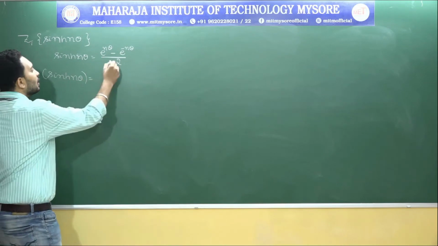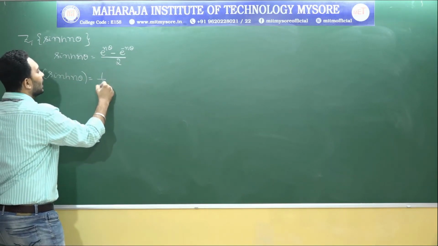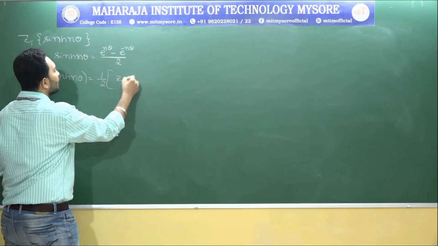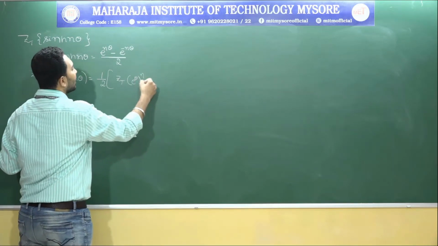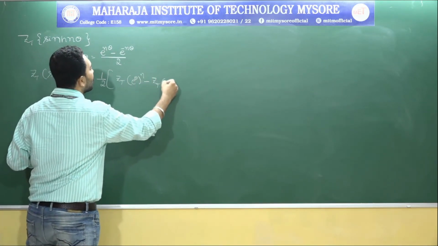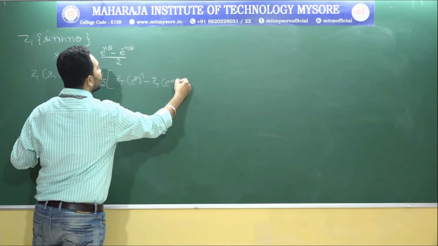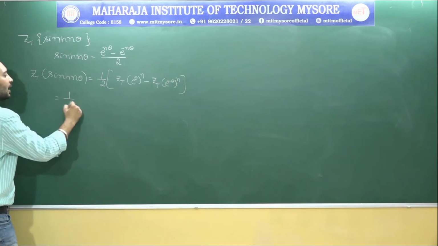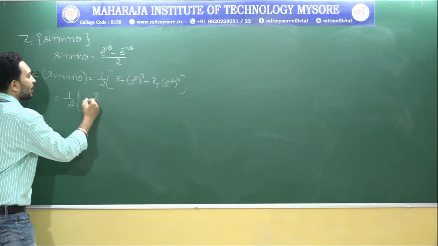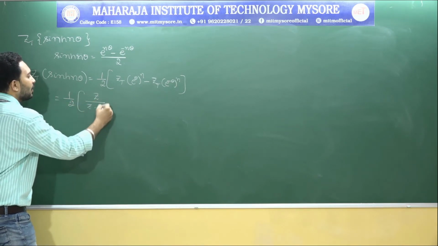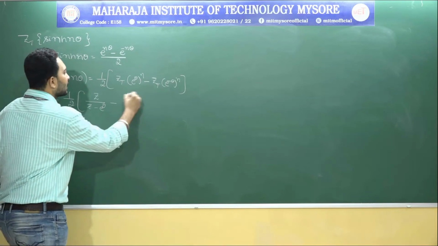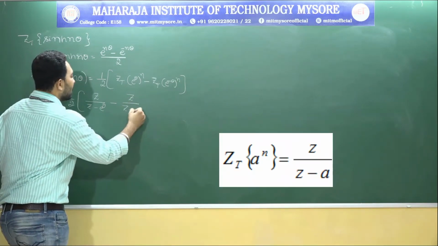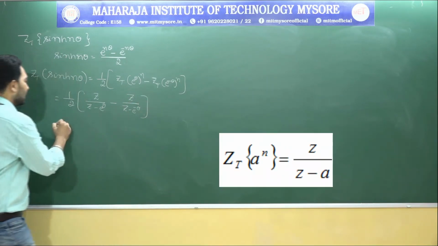I can solve this by taking the z transformation of e power theta power n minus the z transformation of e power minus theta power n, times 1 by 2. The z transformation of e power theta power n is z divided by z minus e power theta, and the other is z divided by z minus e power minus theta.